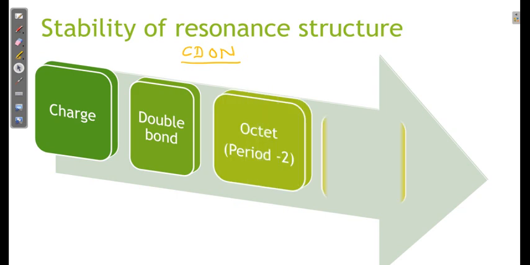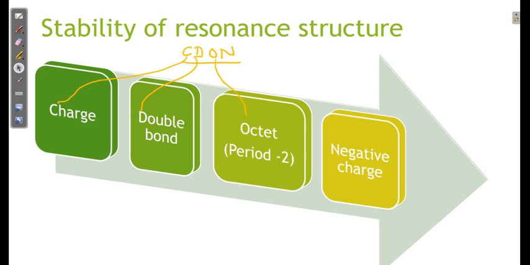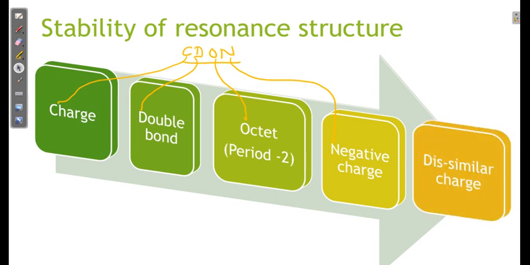What is N? Negative charge. And last, if you have not solved your problem based on CDON, then there is one more: dissimilar charge. I will explain with this example.